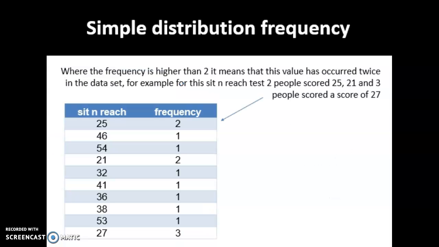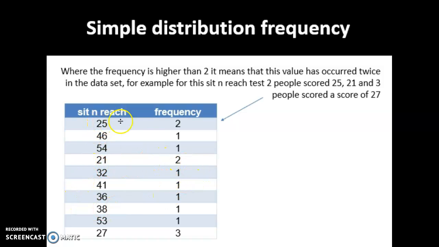So simple frequency distribution, where the frequency is higher than 1, means that this value has occurred more than once in the dataset. For example, for the sit and reach test, 2 people scored 25, 2 people scored 21, and 3 people scored 27. So here I've got my sit and reach scores, and instead of this representing an individual, this represents the frequency that this score was actually achieved.